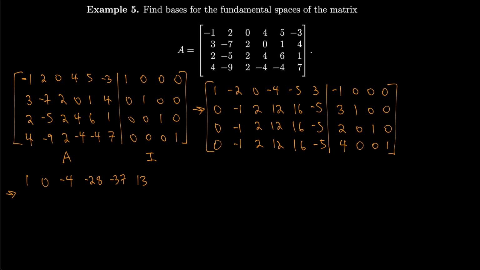Remember, we had to add 2 of these to that, or negative 2, because it has to be negative in order to cancel. So this will become a -7, and then -2, 0, 0. And then we have 0, 1, -2, -12, -16, 5, -3, -1, 0, 0, by multiplying the second row by -1.